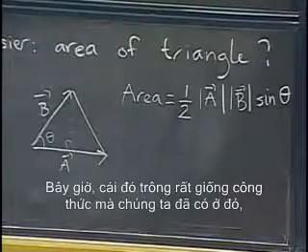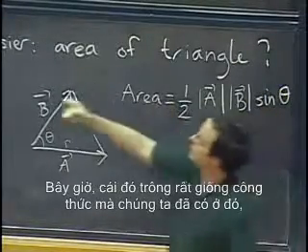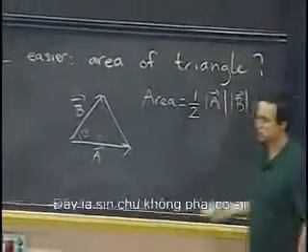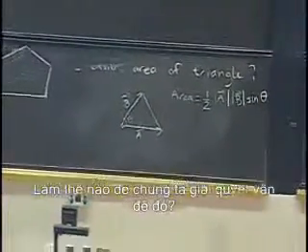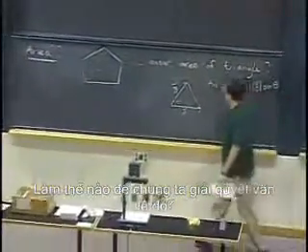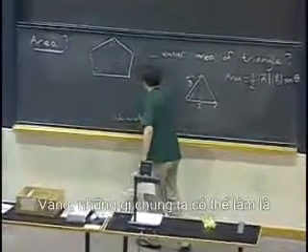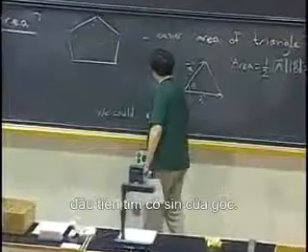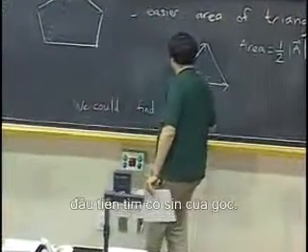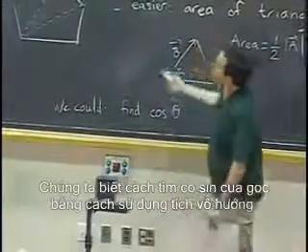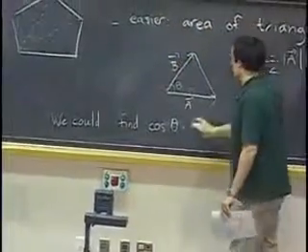Now, that looks a lot like the formula we had there, except for one little catch. This is a sine instead of a cosine. How do we deal with that? Well, what we could do is first find the cosine of the angle. We know how to find the cosine of the angle using dot product.